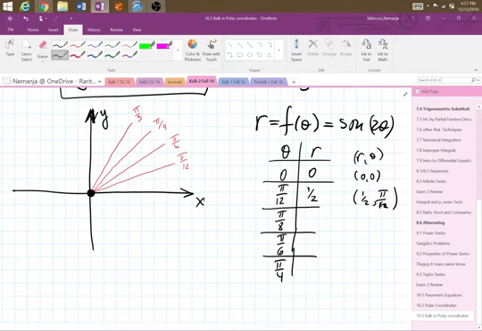Let's put 4 units to be number 1. So half. So the first point is right there.